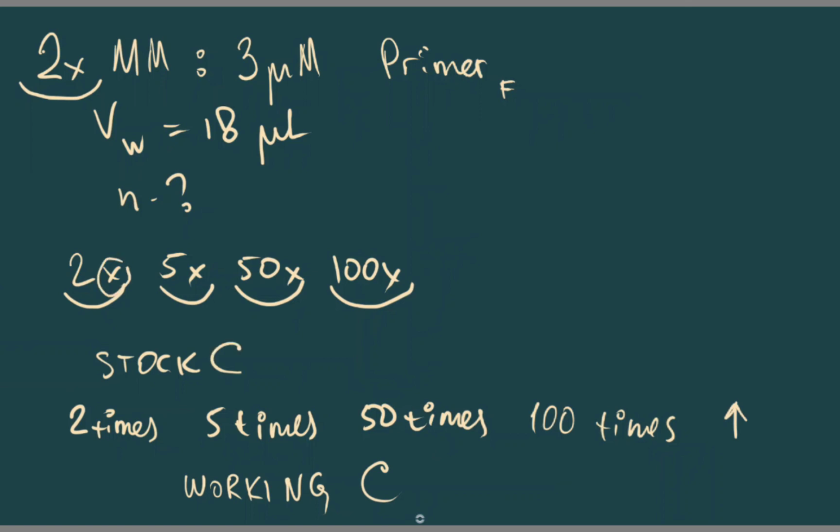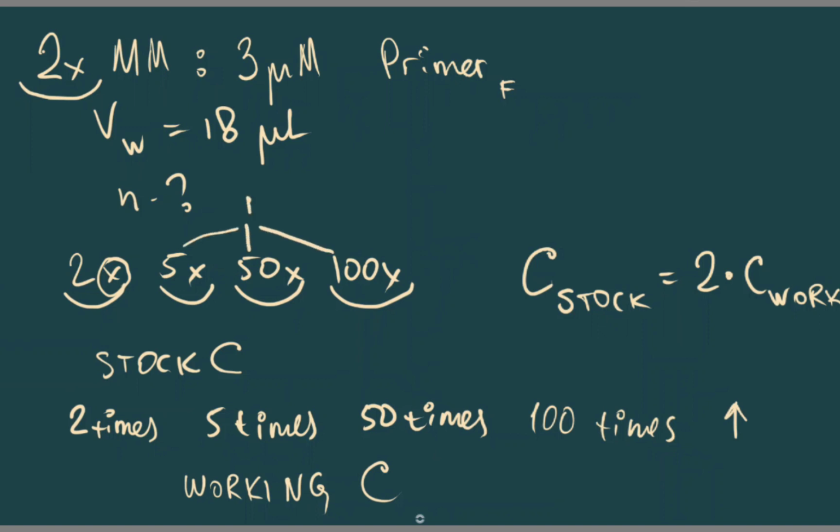This x means multiplication, so you multiply it, and in a formula it will look like C stock equals 2 times C work, or working concentration, and depending on this coefficient you will put it here.